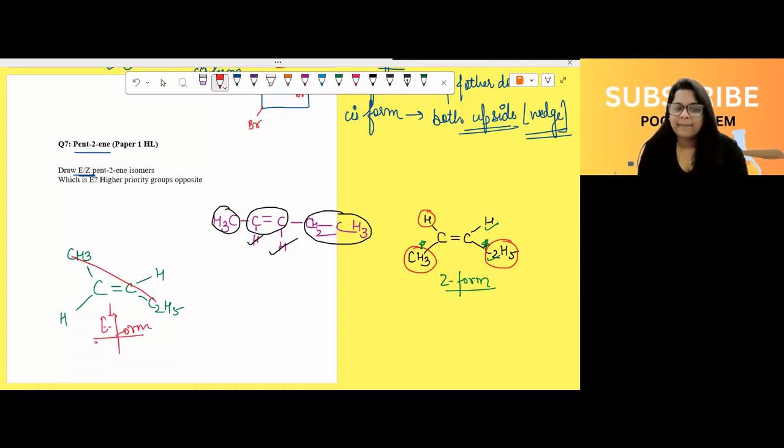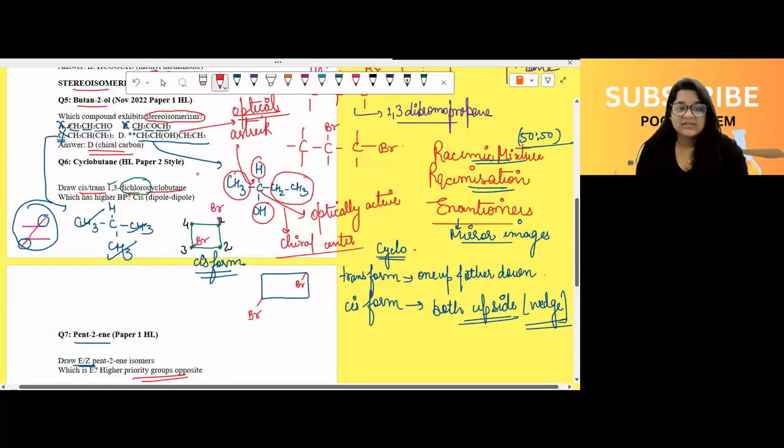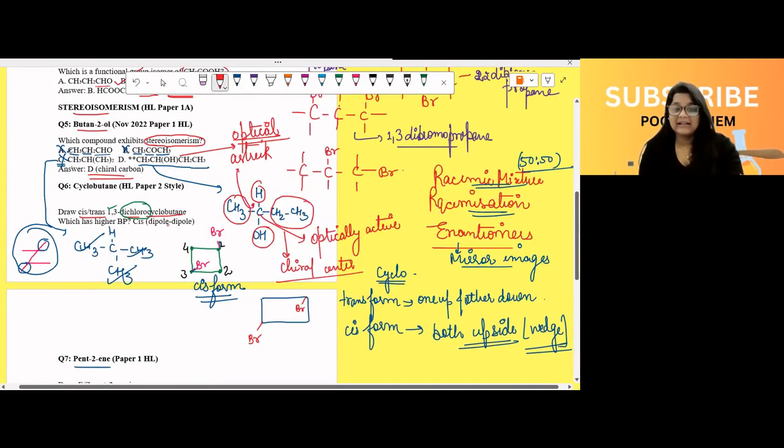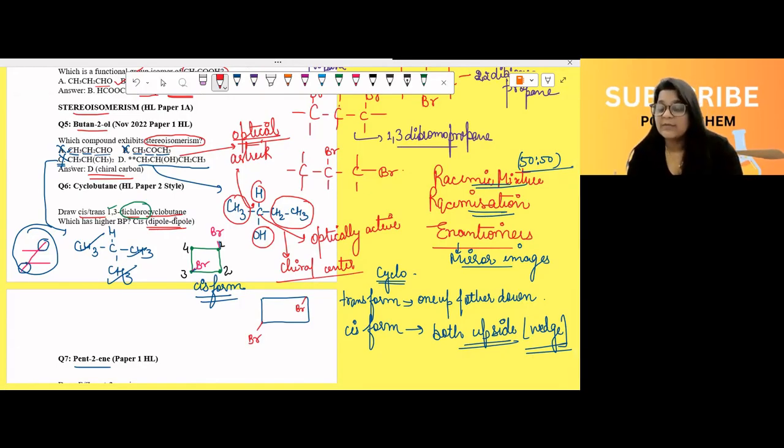Any questions, any doubts? Okay, remember that the cis form will have a higher boiling point because of strong dipole-dipole interactions. And you are going to tell me in the chat box what keyword I told you for the trans form, why trans does not have a high melting or boiling point. We say that something is canceling out something.